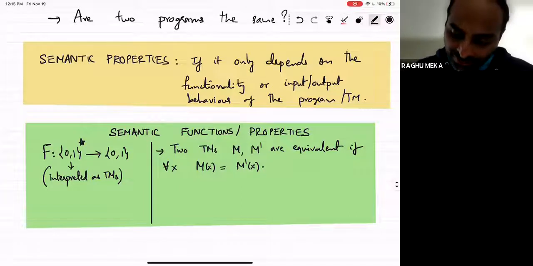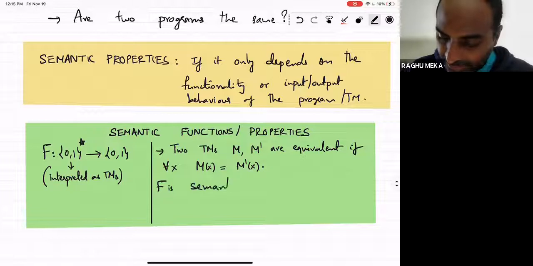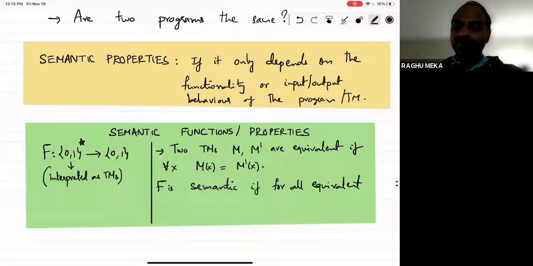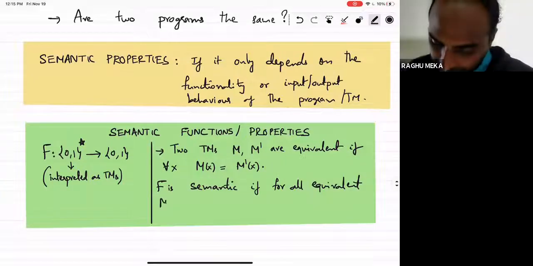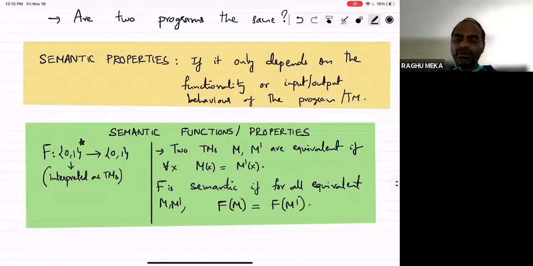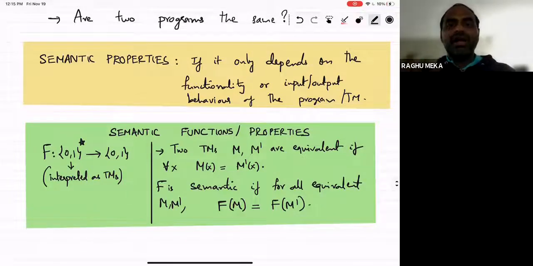And we say that the function f is semantic if for all equivalent Turing machines, the answer is the same. Okay. So if I take two equivalent machines, the output of the function f is the same.